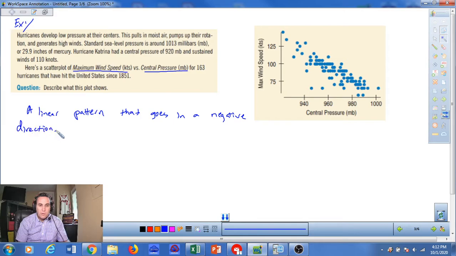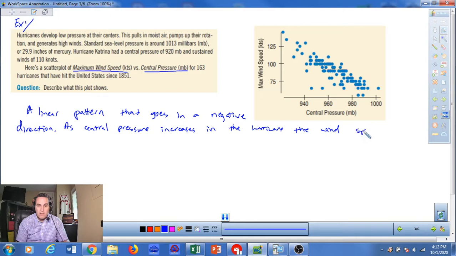And then I usually like to put context. So I'm going to explain what that meant. That means as central pressure increases in the hurricane, the wind speed decreases.